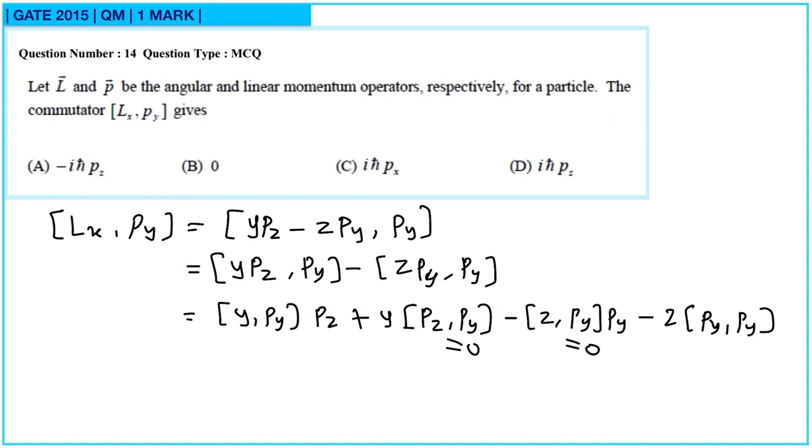This is equal to 0, this is equal to 0 and this is also equal to 0. So we have the commutator of y and py, which is equal to i h cut into pz. So the answer is option C, i h cut, option D, i h cut pz.